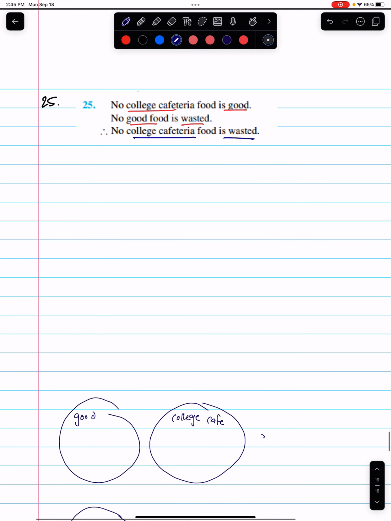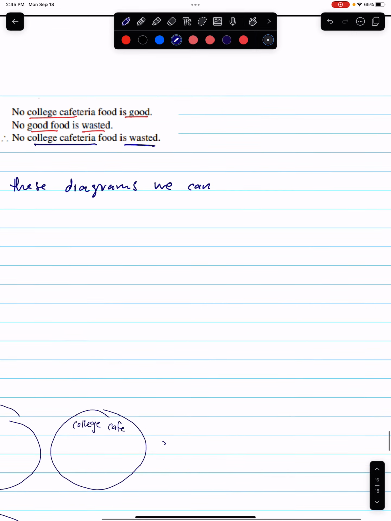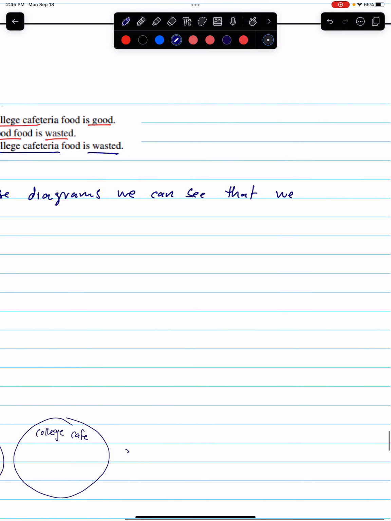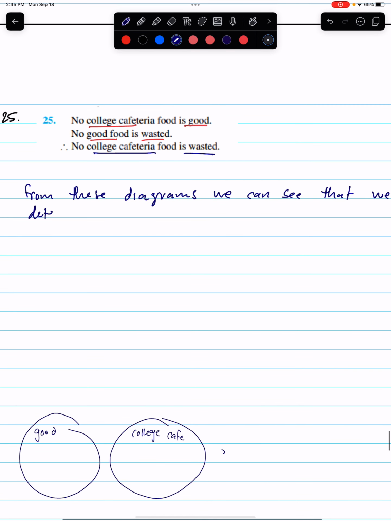So from these diagrams, we can see that we cannot determine the conclusion from the premises.